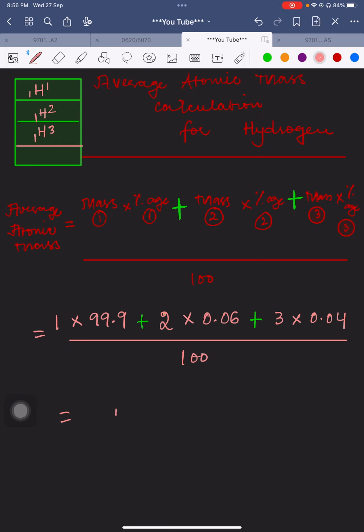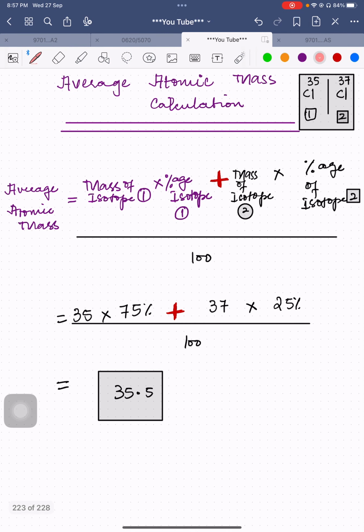The total answer is 1.0003, something like that, which is nearly equal to 1. You can calculate it and prove that it is nearly equal to 1. So that's why this 1 is written in the periodic table. That's why this 35.5 is written in the periodic table.